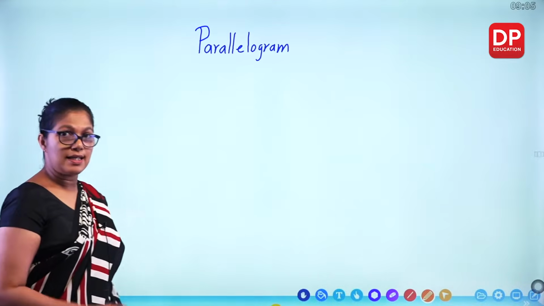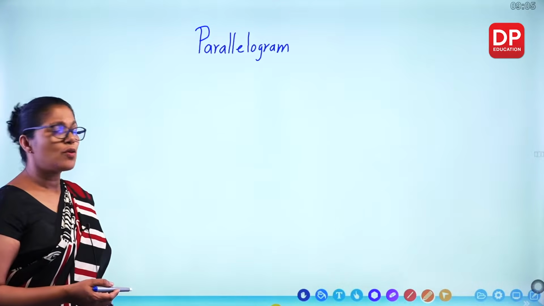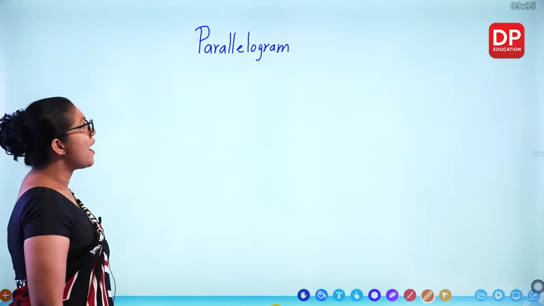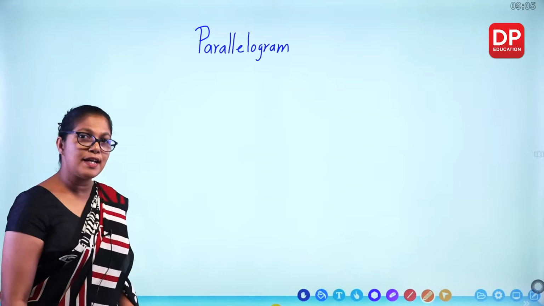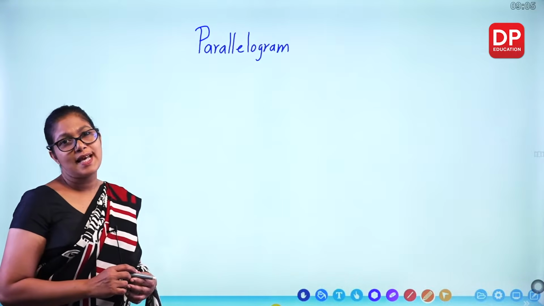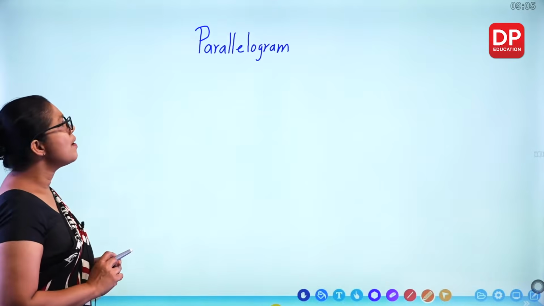Now we'll look at another quadrilateral called parallelogram. So how can we draw a parallelogram? A parallelogram is a four-sided figure and pair of opposite sides are parallel. That's the definition of a parallelogram.